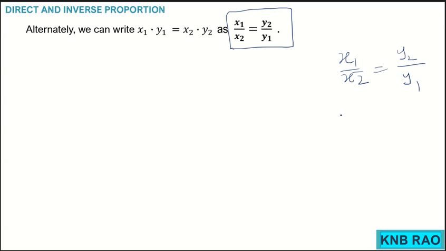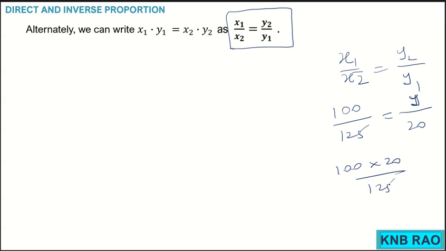So in the table, 100 members upon 125 members, and for 100 members it lasts for 20 days, and for 125 members it may last for y days. So 100 into 20 by 125 gives y. Same on simplification, 16 will be the value of y.